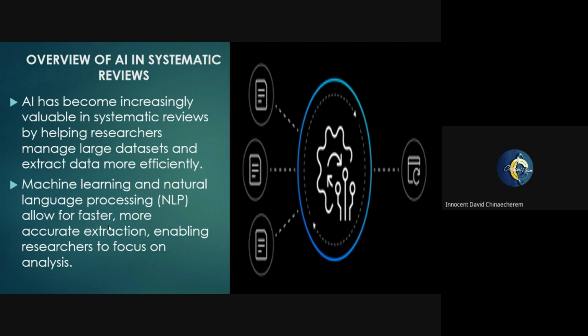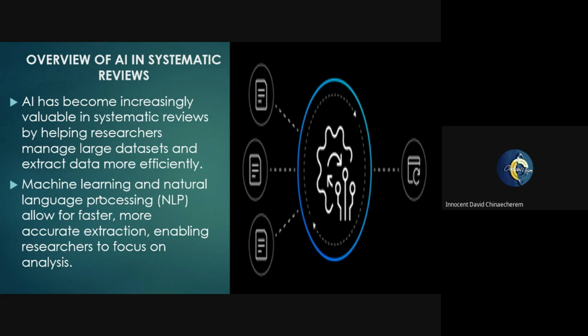But your ability to flow with the trend and also come up with what seems to be ethical makes you smart and efficient. So this still falls under machine learning and natural language processing techniques, which allow for a faster and more accurate extraction because it tries to map the text.